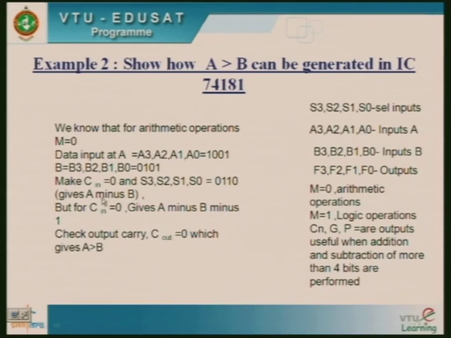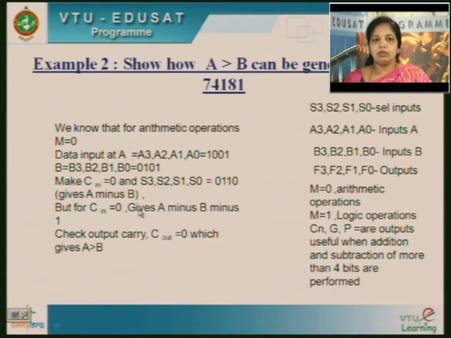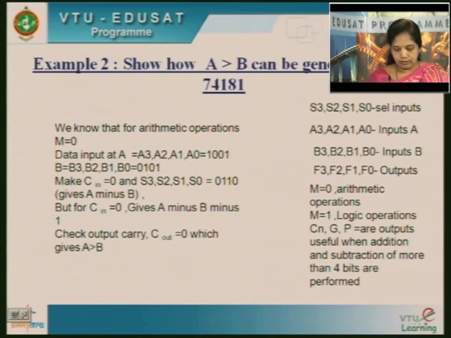To use this A minus B function, I will be using the selection line 0110. But for Cin equal to 0, the output appears as A minus B minus 1. I need to check the carry once again to check whether A is greater than B.